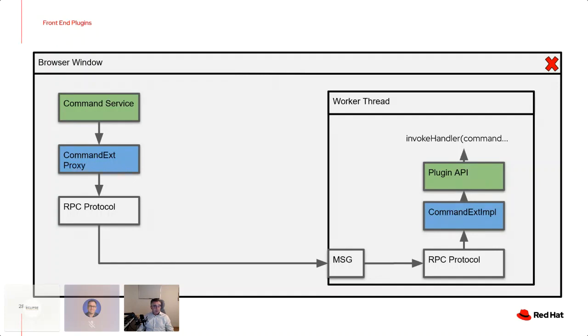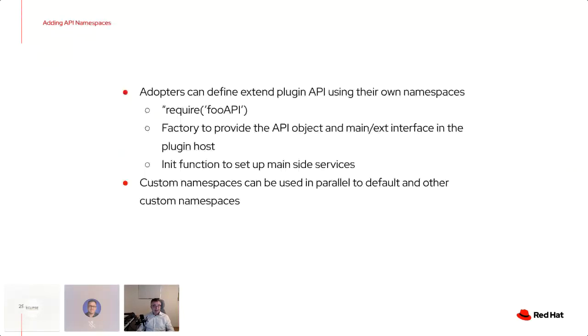So one last thing to talk about is that because Theia is a framework or a platform more than an application, it might make sense that your application has different needs for extension API. So you can actually add your own API namespaces. That would be the same as you would say require VS Code, you would say require my API.